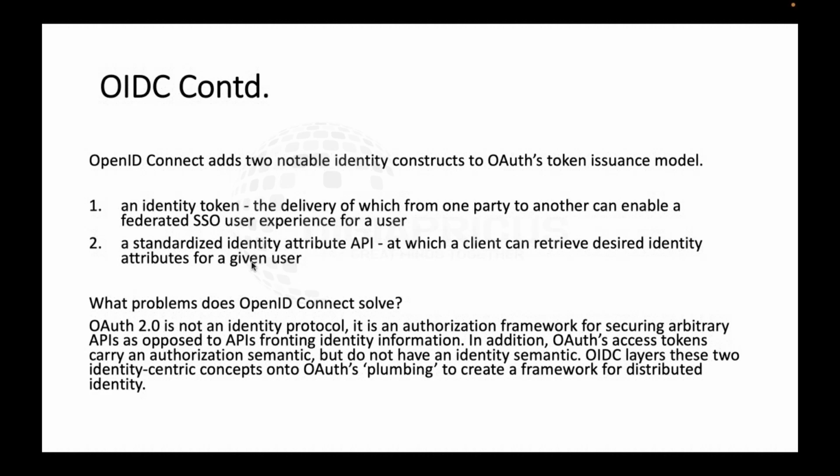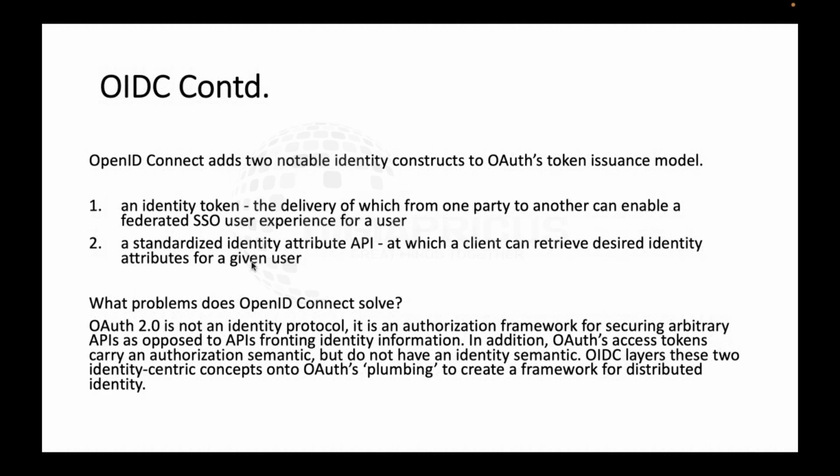So OIDC is your authentication protocol. SAML was your authentication protocol, OIDC is your authentication protocol, OAuth is your authorization framework. Okay, that's how it is, because this helps you to achieve both identity authentication as well as authorization, because OIDC sits on top of the layer of OAuth.